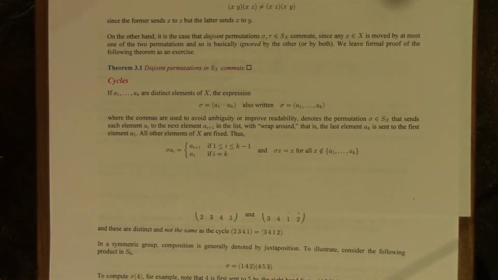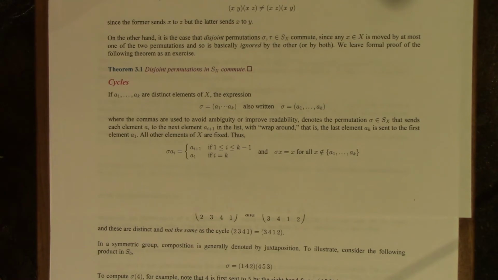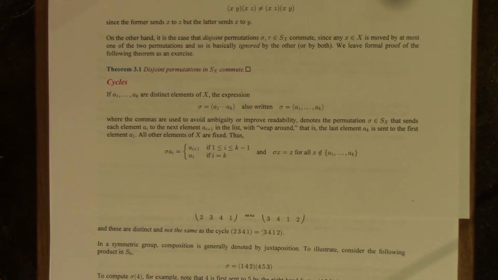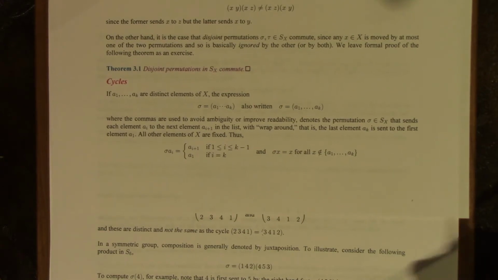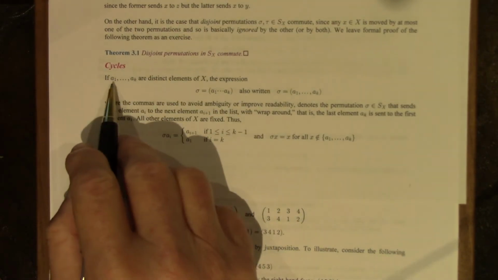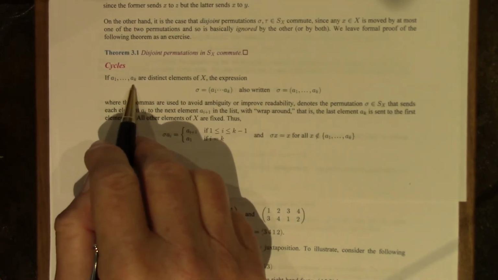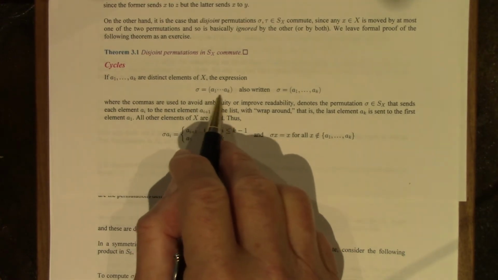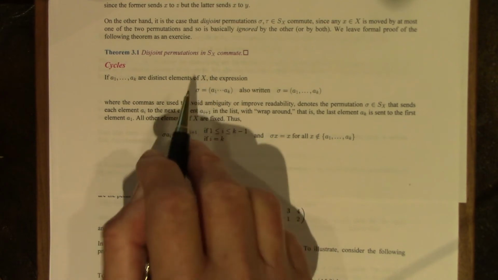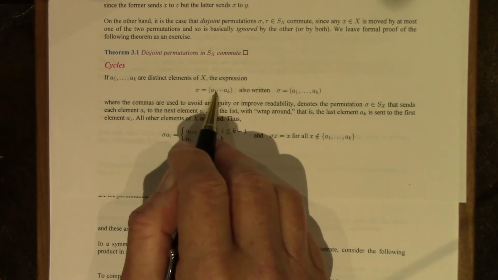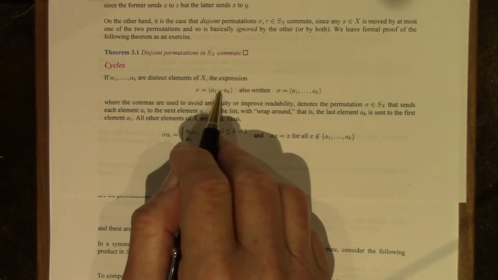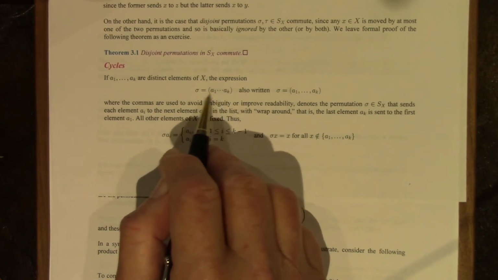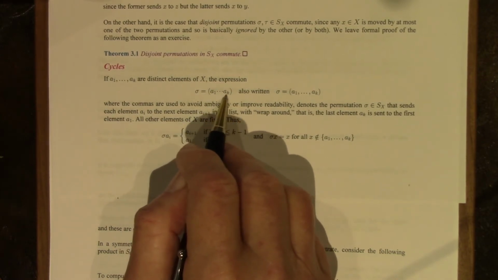There are special types of permutations that we need to look at because they form the building blocks of all permutations. Transpositions are one such type. If a_1 through a_k are distinct elements of the set X, then this expression, and I've used dots here, oftentimes it'll just be spaces if the elements are actually written out.